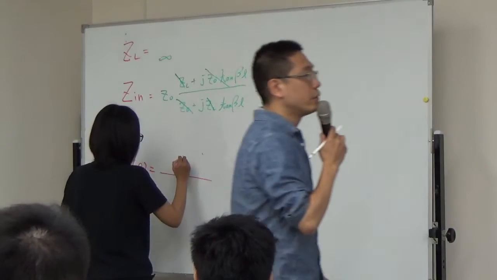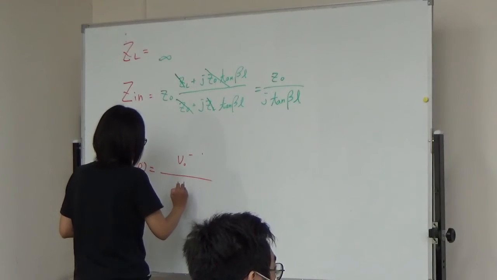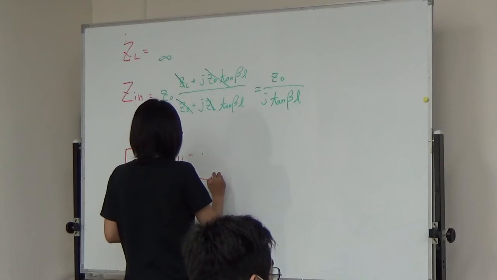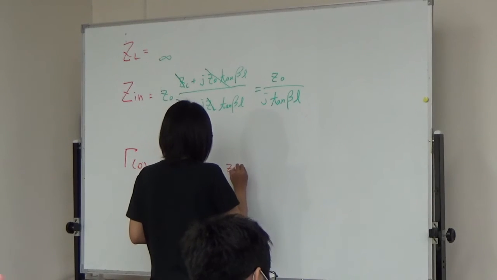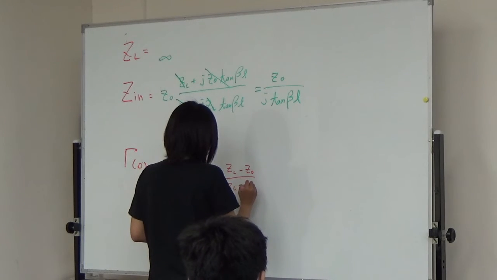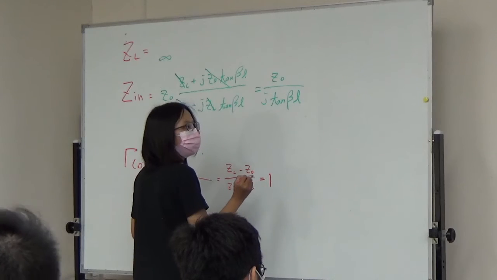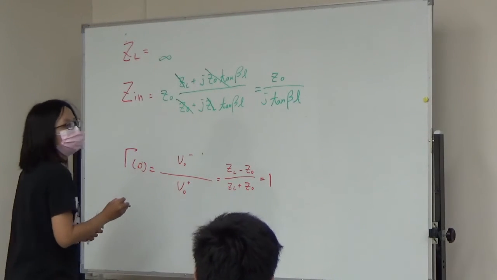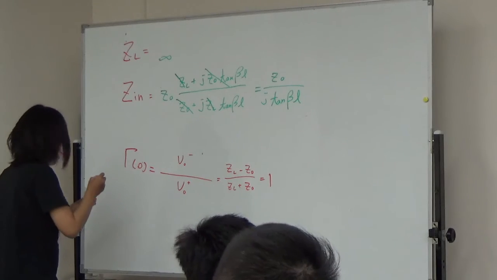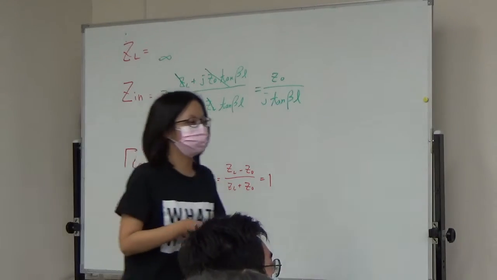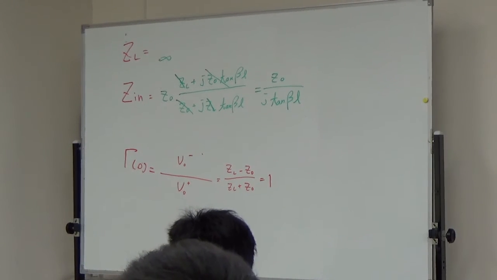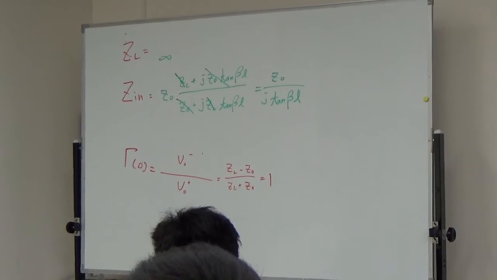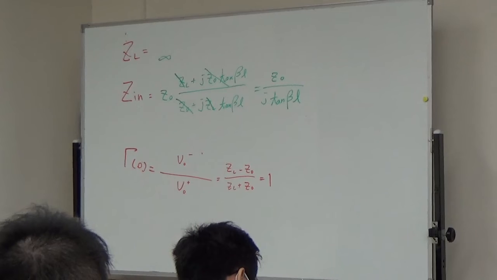So your reflection coefficient at this point will equal to 1. The reflection coefficient at this point is 1, but your reflection coefficient along the line is changing according to your length, but the magnitude is the same.